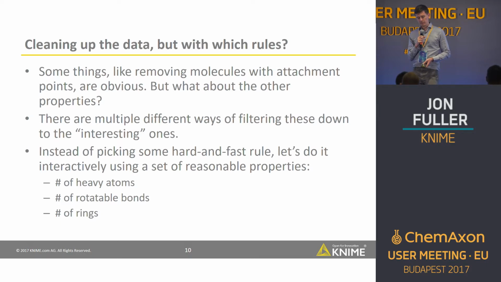But then some of it is more down to the user's intuition. So we want to make it easy for a user to put their intuition into the analysis. Instead of picking some hard and fast rule based on the number of heavy atoms, rotatable bonds, and number of rings, we want to let the user do that interactively.